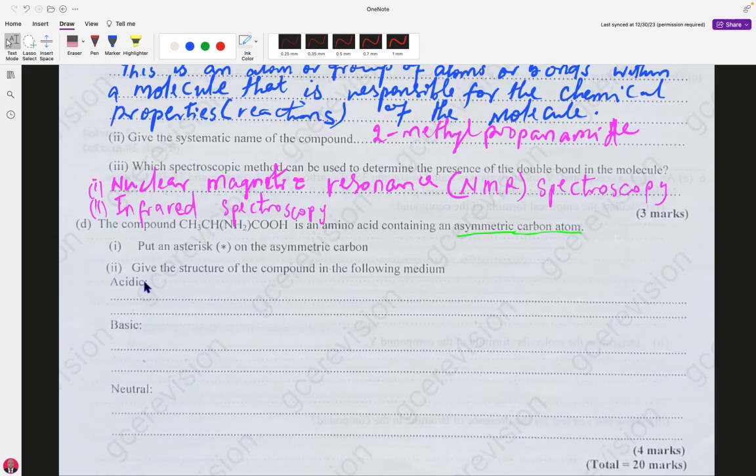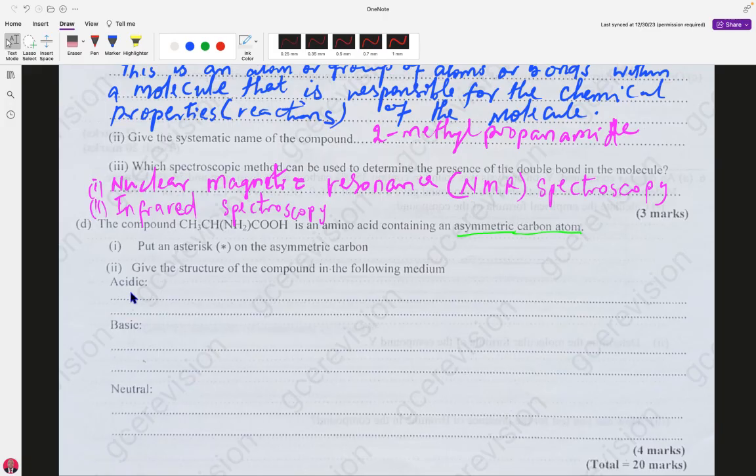Okay, D2: give the structure of the compound in the following medium. This is the same structure, an amino acid containing an asymmetric carbon atom. So the structure in acidic medium.